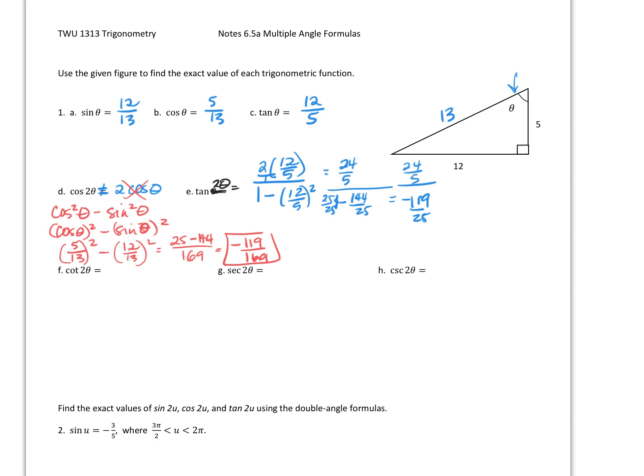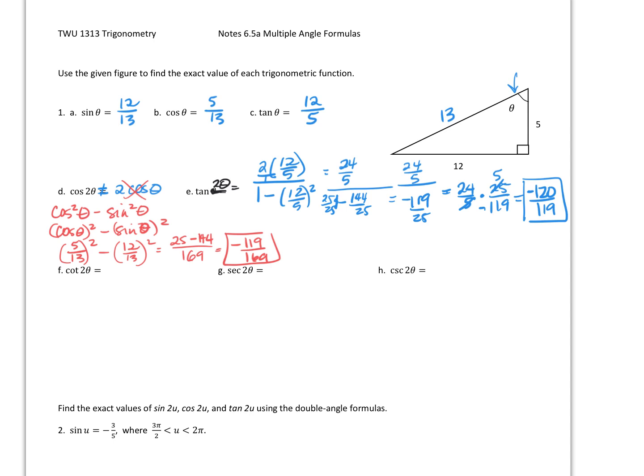So when I divide fractions, remember I keep the top, multiply, and flip the bottom. So this is going to simplify. That reduces to 5. This is still negative, so my answer is 24 times 5 is 120, and it's over 119. So it is negative. Notice the negative doesn't really matter if it's on the top or the bottom. So negative 120 over 119.